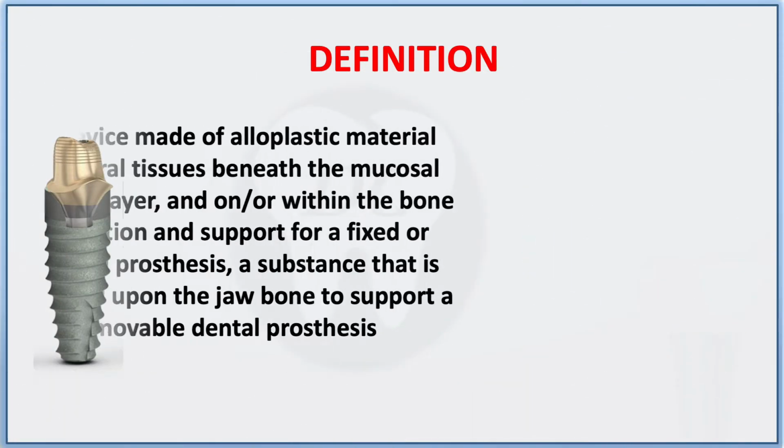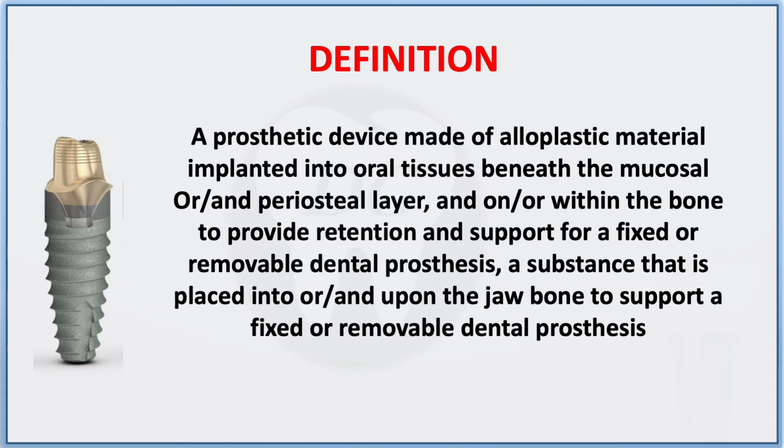What is a dental implant? It is a prosthetic device made of alloplastic material implanted into oral tissues beneath the mucosal and/or periosteal layer and/or within the bone to provide retention and support for a fixed or removable dental prosthesis.